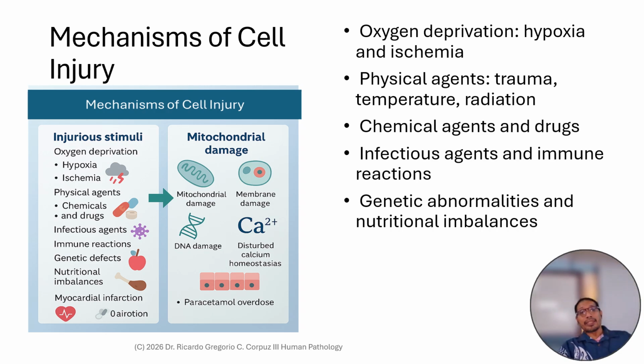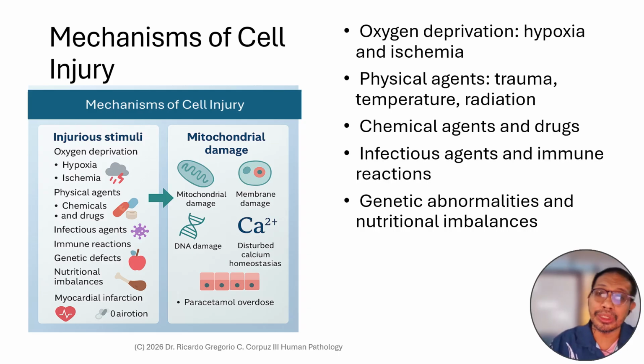Ischemia, on the other hand, is a reduction of blood flow. This means not only reduced oxygen delivery, but also reduced delivery of nutrients and impaired removal of metabolic waste. Because of this combination, ischemia is usually far more damaging than hypoxia alone.